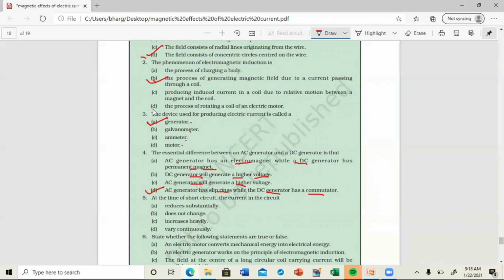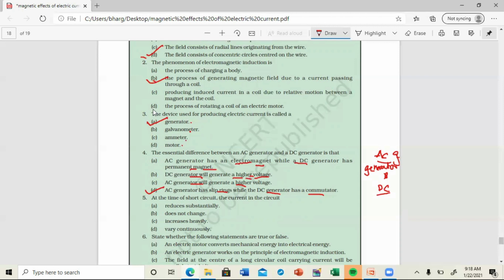The essential difference between an AC generator and a DC generator is that A, AC generator has an electromagnet while DC generator has a permanent magnet.